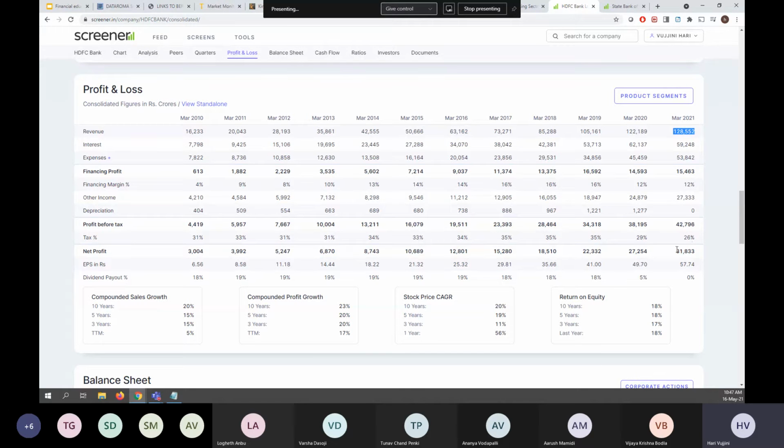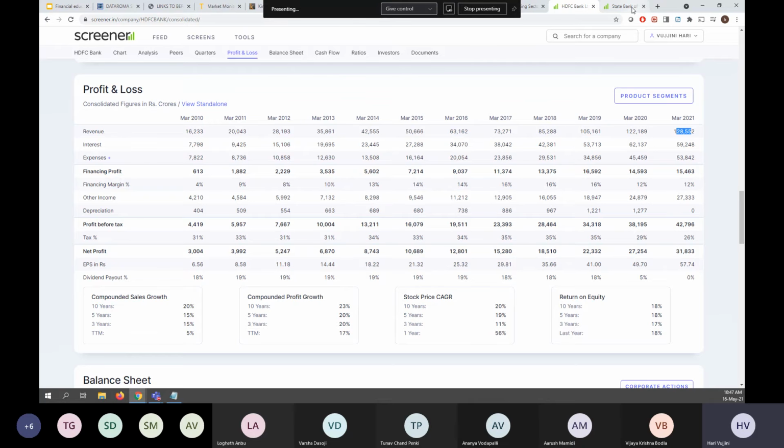So they made 31,000, almost how much is it? 23% profit. Compared to 128, they made 31.